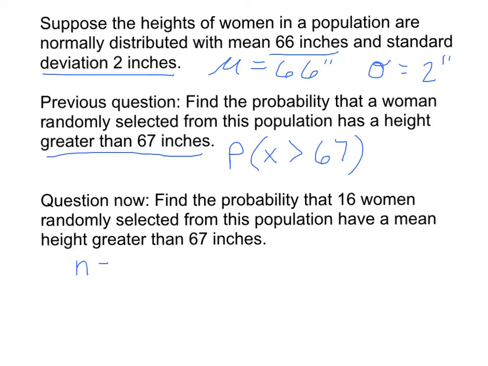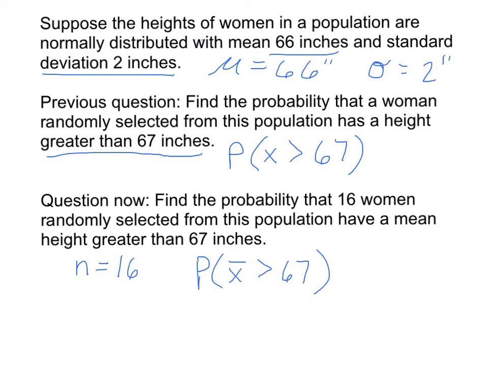We've got an n, a sample size of 16 women, and we're looking for the probability that the mean height, not just any one height like we had before, is greater than 67 inches. So very similar numbers, but this question is a sampling question with 16 women, and the previous question just had to do with one member of the population.